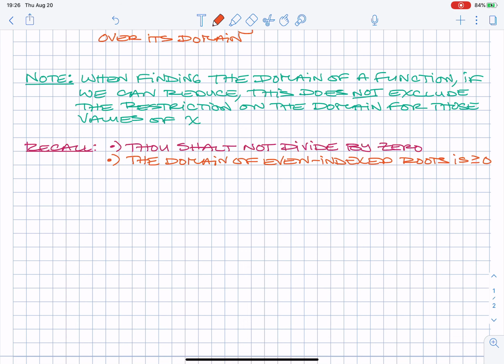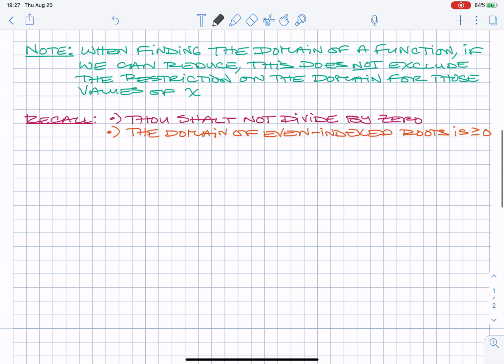And that pretty much covers everything that we need to worry about: dividing by 0 and making sure that whatever's underneath a square or even indexed root is greater than or equal to 0. So for example, find the domain of the following functions.